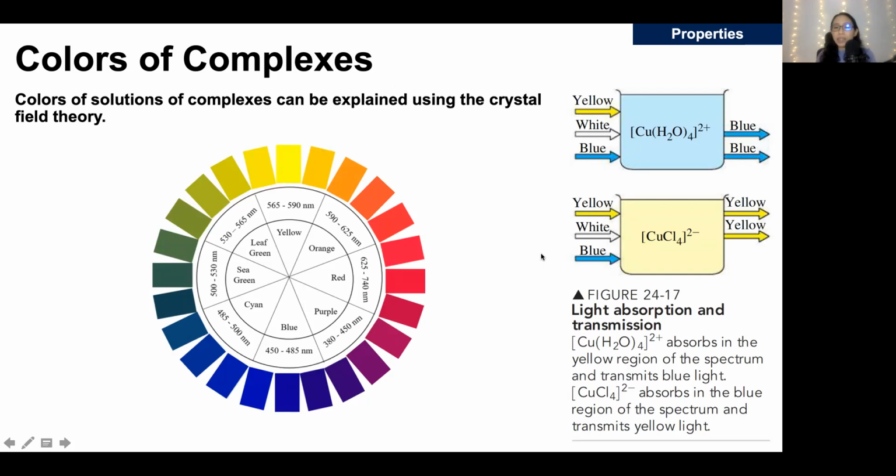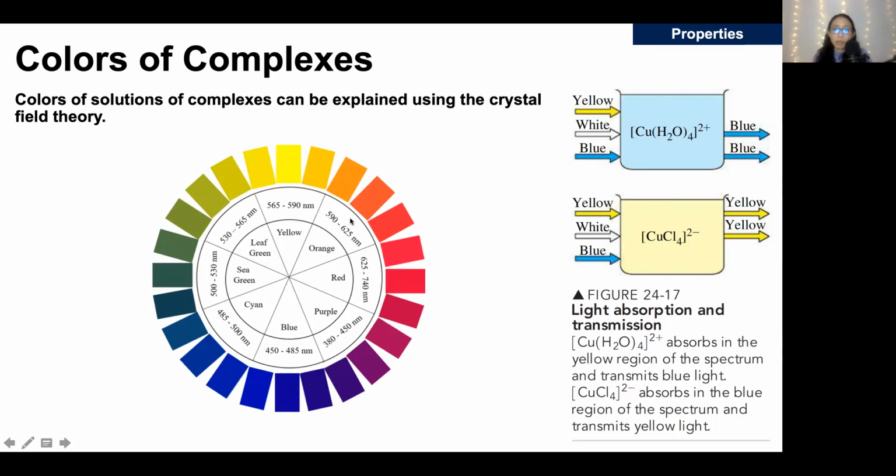So again, class, if you already get the gist of this, if your solution absorbs, let's say, 570 nanometers, that's in the yellow region, so it absorbs yellow color, that means we will see its solution as color blue. It's always the complementary.